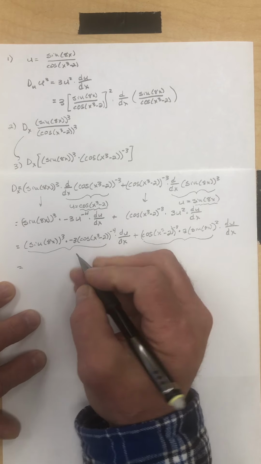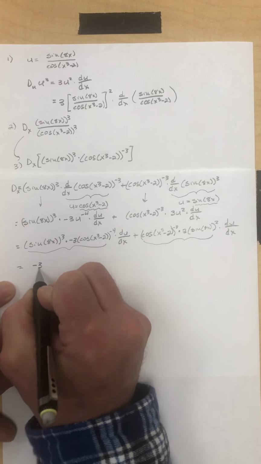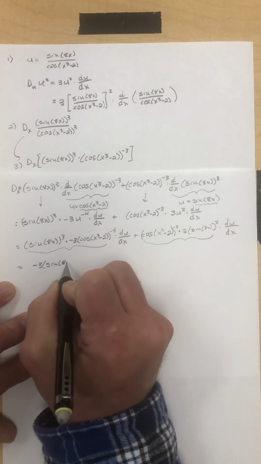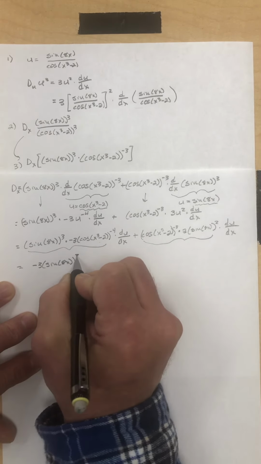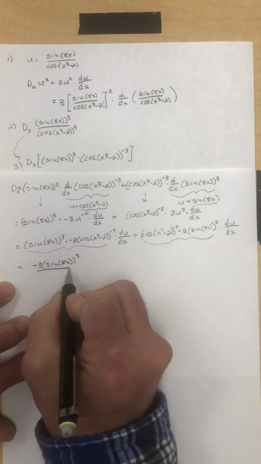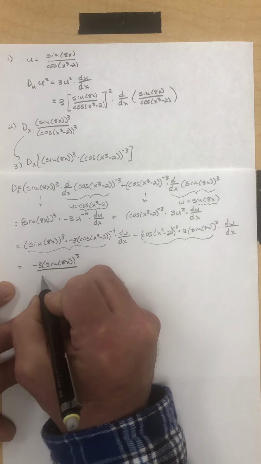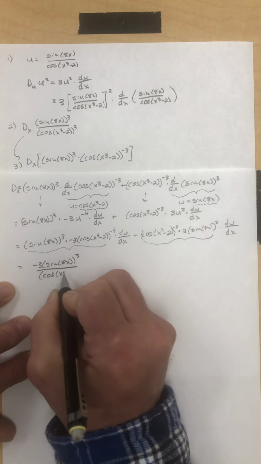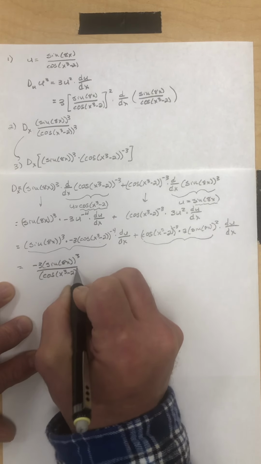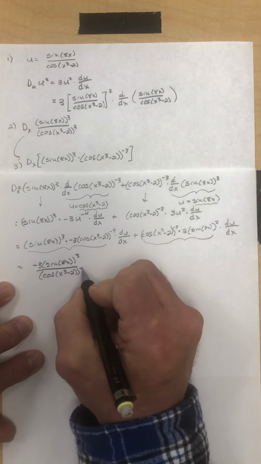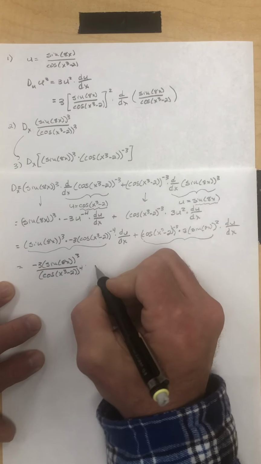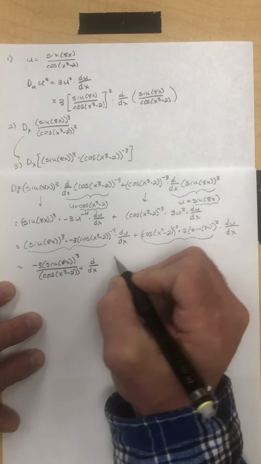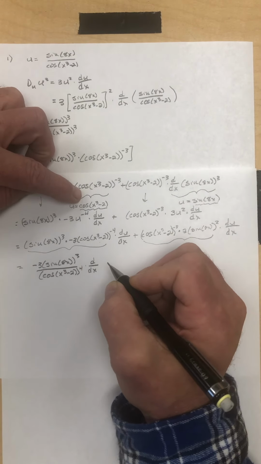So I'd have negative 3 times the sine of 8x to the third power over cosine of x cubed minus 2, all to the positive fourth power, times this du dx, which will be the derivative of this right here.